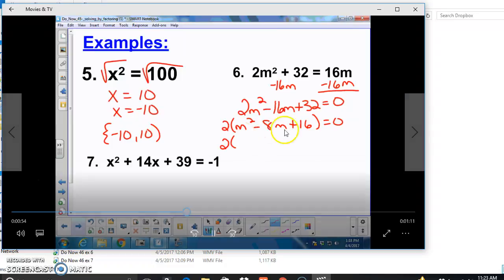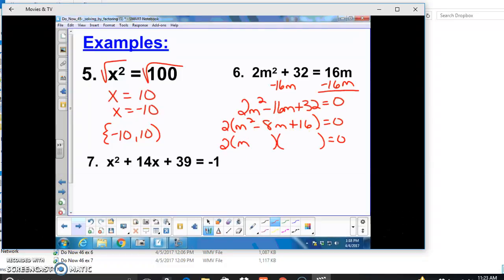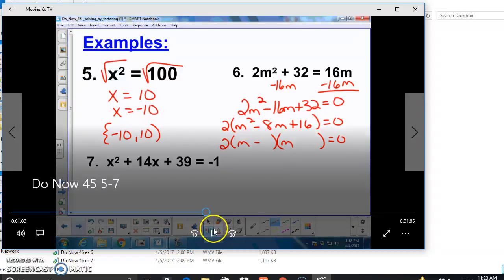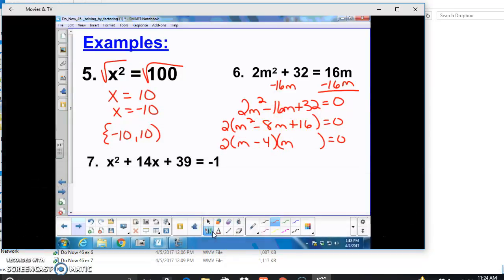Now we're going to factor the middle section of this quadratic. So we're going to have an m and an m. We're looking for two numbers we can multiply together to get a positive, but add together to be a negative. So I know that's going to be a negative times a negative. 16 is a perfect square of 4 and 4.